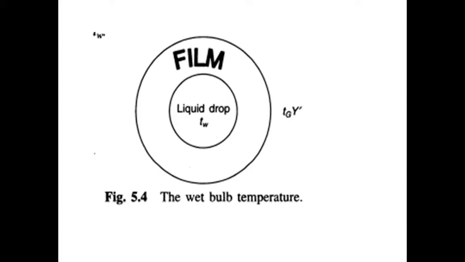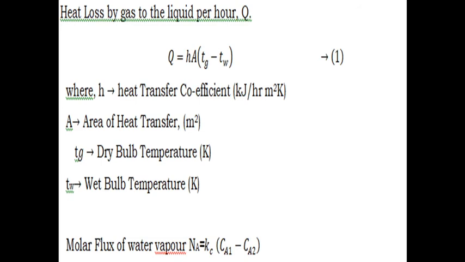So here Tw is the wet bulb temperature, Tg is the dry bulb temperature, and Y dash is the absolute humidity.